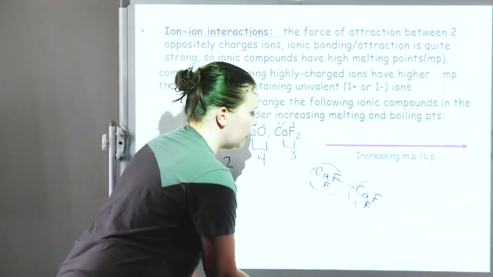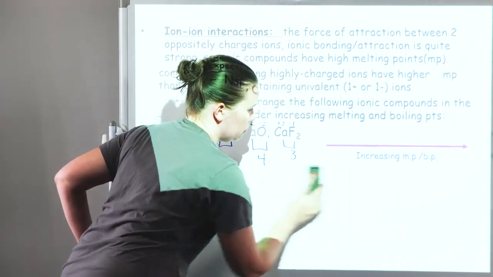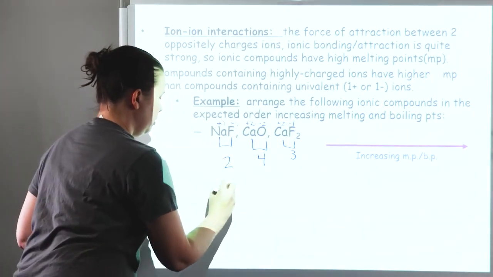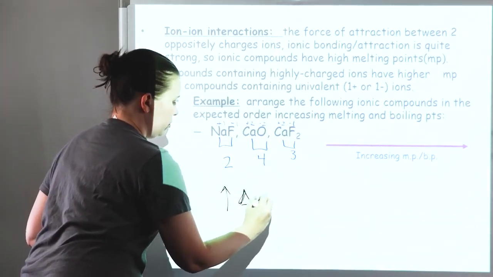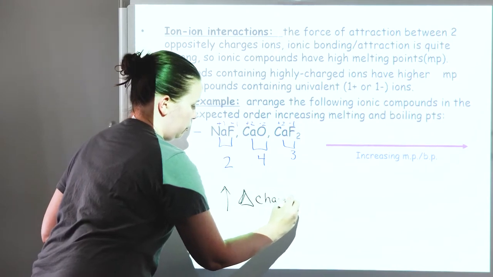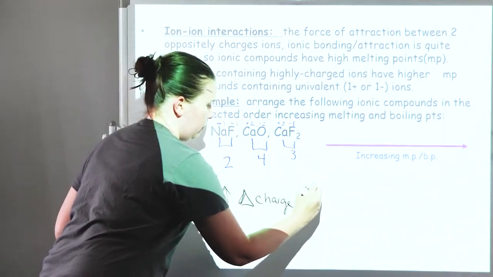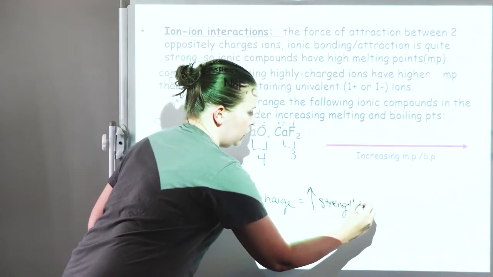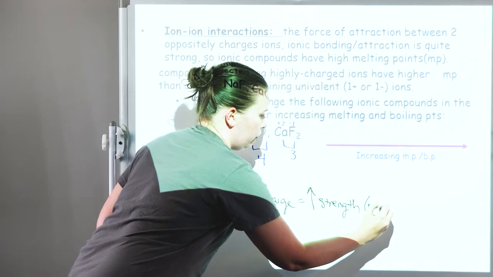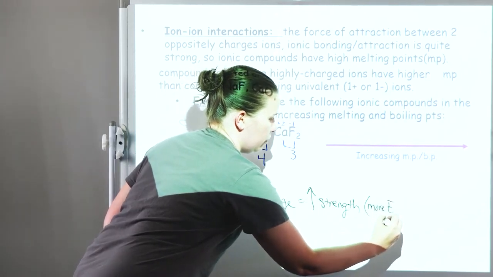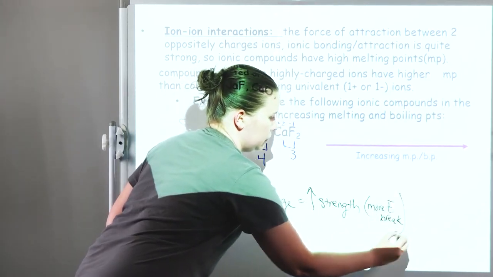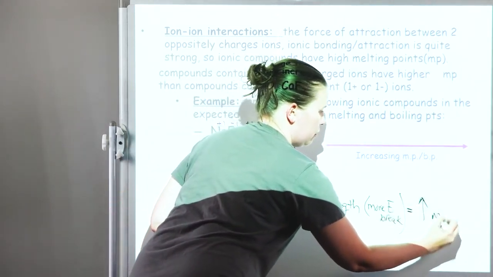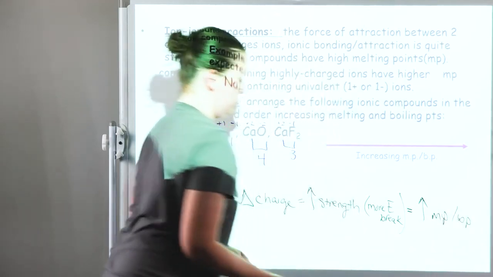And that's an important connection. So I want to make note of that on the bottom of the screen here. If I have an increased difference in charge, that means I have increased strength, which means more energy to break the bond, which means higher melting point and boiling point.